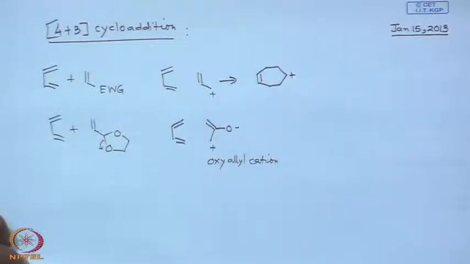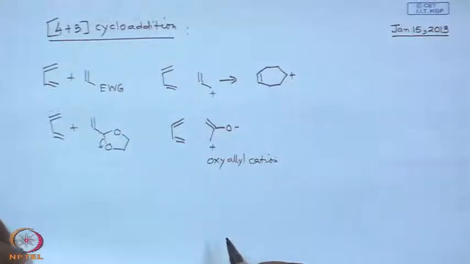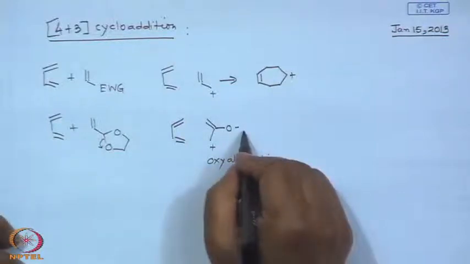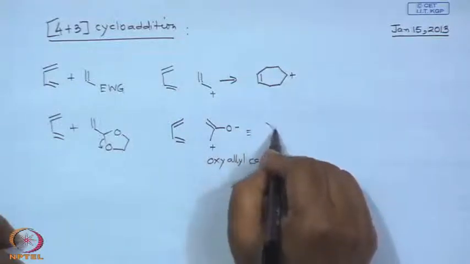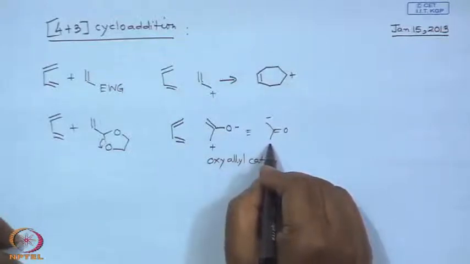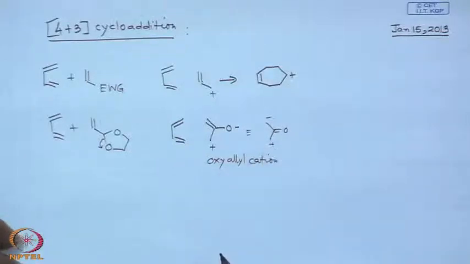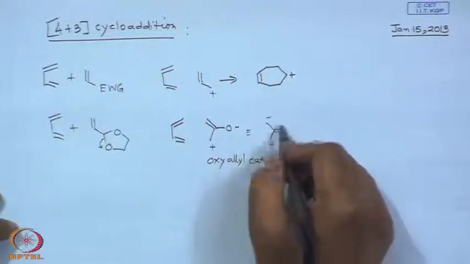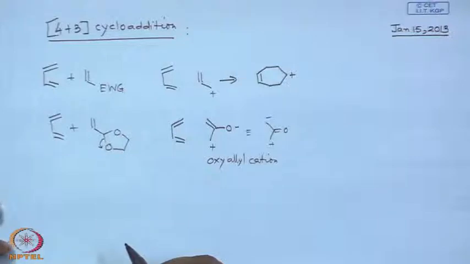So one can even call them 4+3 cycloaddition reactions of oxyallyl cations. If you look at this, it is equivalent to something like this: as if you have a carbonyl compound, and on one side you have a carbocation and on the other side a negative ion. So this is primarily the basic reacting unit for all these 4+3 cycloaddition reactions.